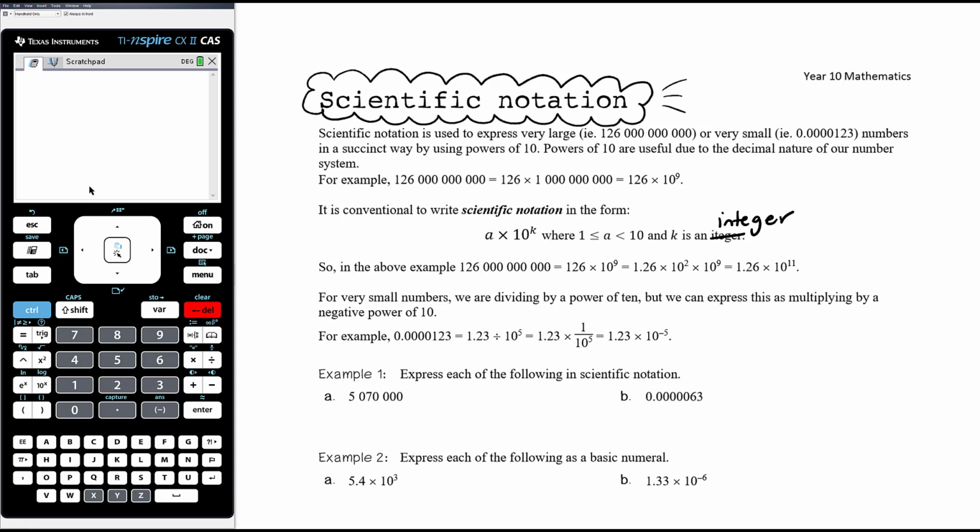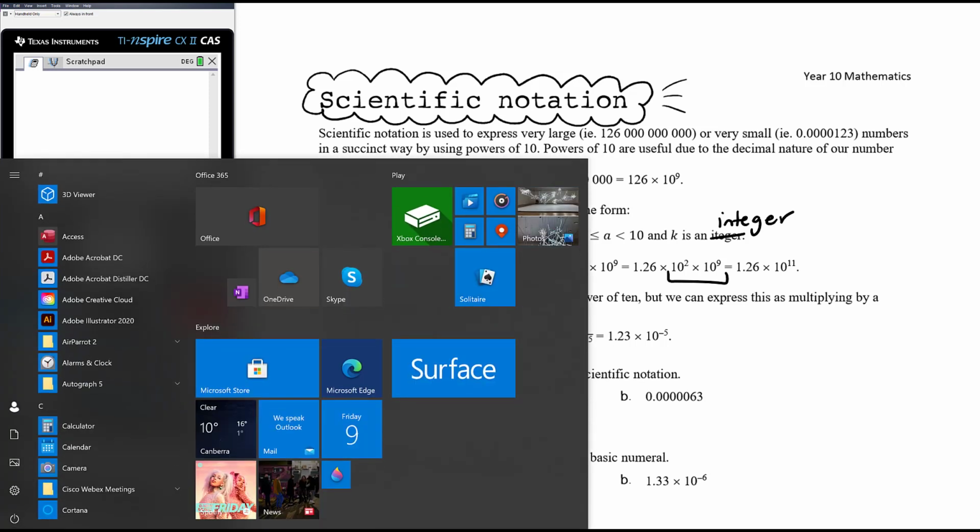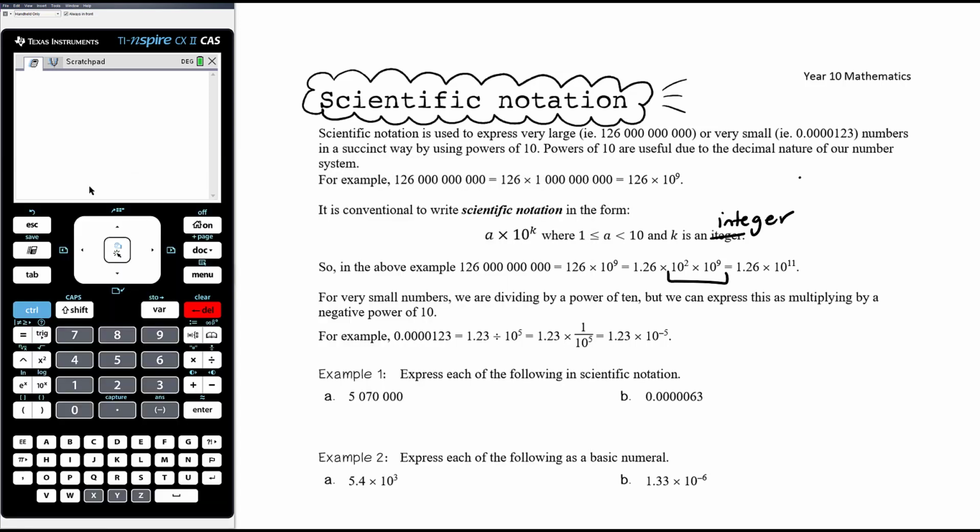So that means where we wrote this number as 126 times 10 to the power of 9, 126 isn't between 1 and 10. We would need to write that as 1.26 instead. Now 126 is 1.26 times 10 squared. Okay, and so therefore instead of writing it as 126 times 10 to the power of 9, we need to write it as 1.26 times 10 to the power of, we group that 10 squared together with the 10 to the 9, and we get 10 to the power of 11.